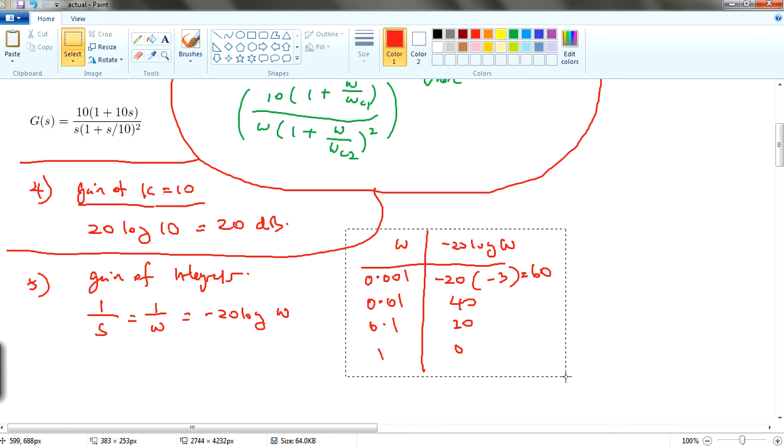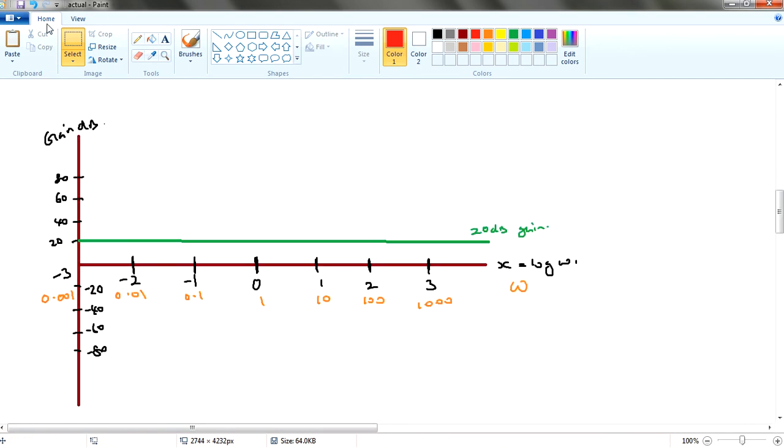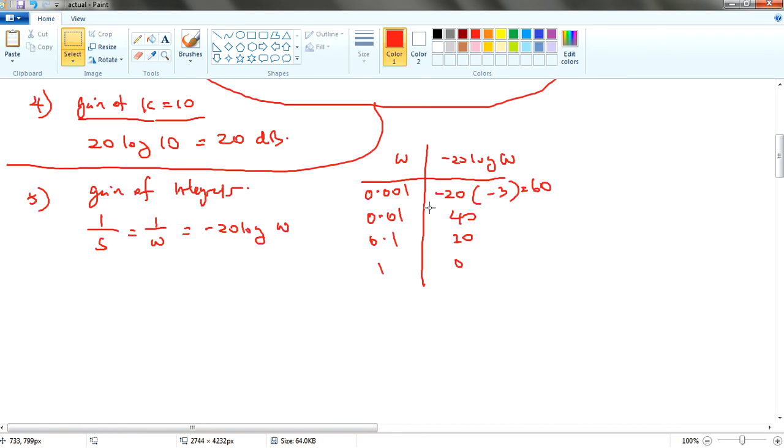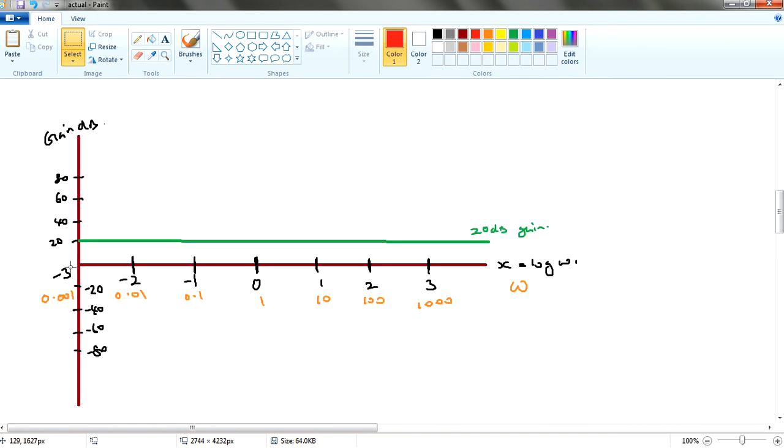This is also why you have minus 3, minus 2, minus 1 over here, because x is equal to log omega. So you can straight away use minus 20 times x. The y-axis is minus 20x.